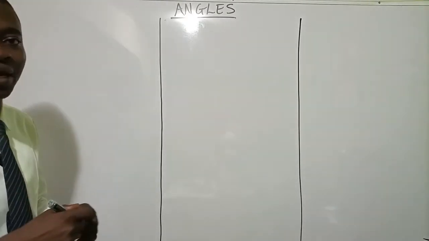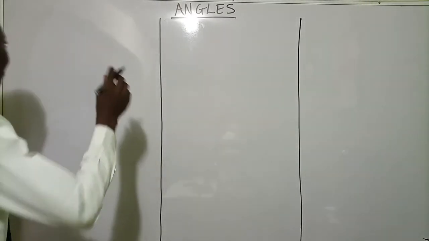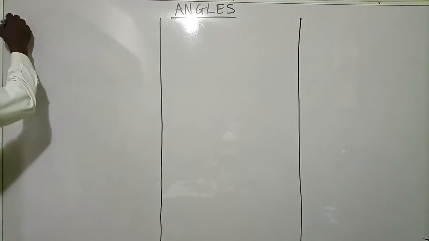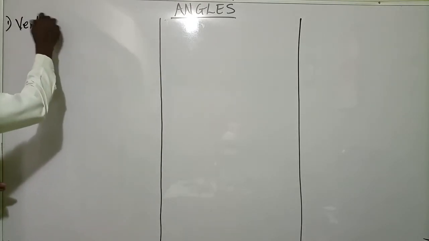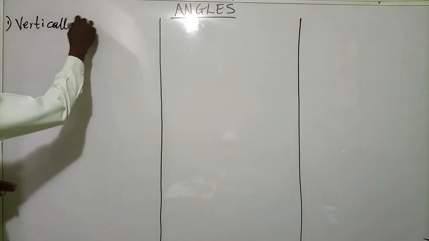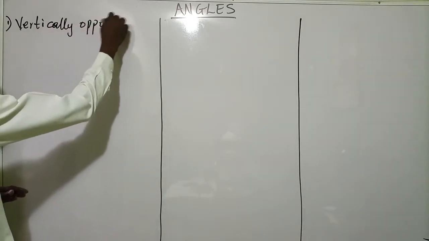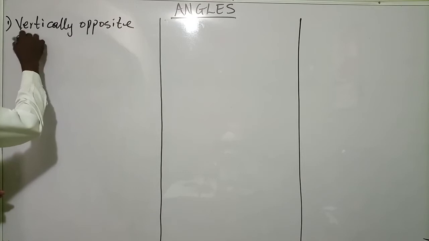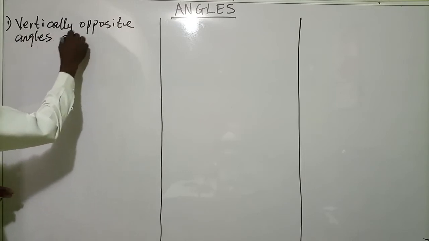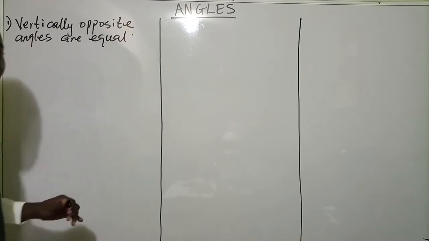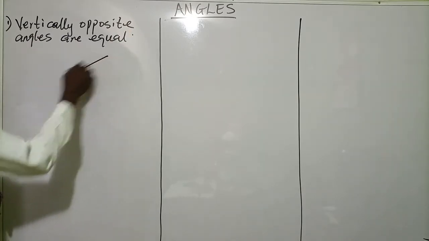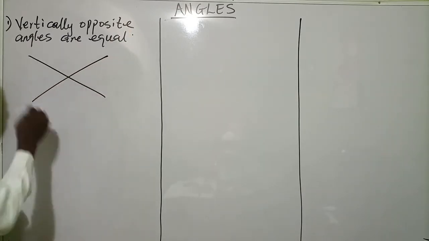The very first one that comes to mind is the law that says that vertically opposite angles are equal. What does this mean? For instance, you have two lines like this.